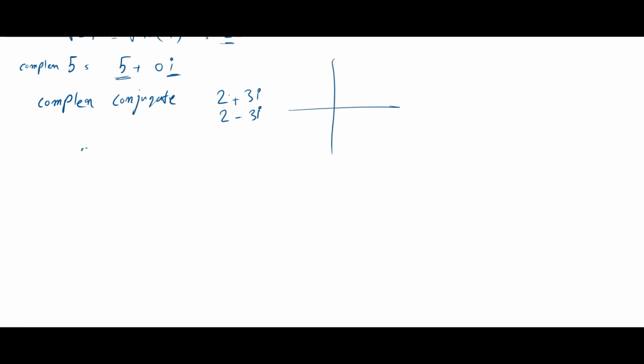Let's draw them on axes. The real part goes to the x-axis. It is 1, 2, and the imaginary part we will draw on the y-axis. It is 1, 2, 3, 1, 2, 3. The complex number is here, and its conjugate is here. So for the conjugate we only change, let me write it with another color, to minus 3I, and this is the conjugate.